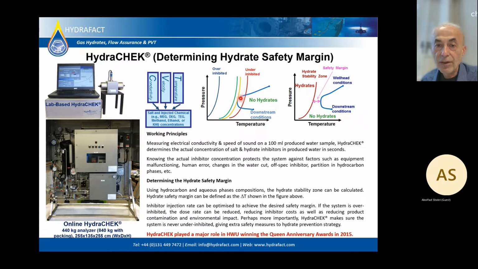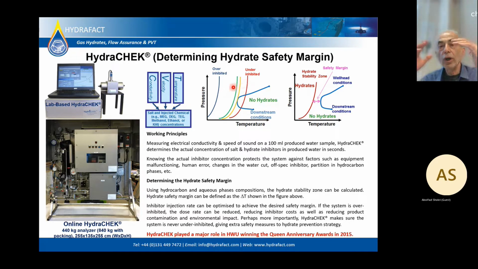So you can see that if you know the composition of the aqueous phase, we can design the safety margin. If you are here, we can reduce the amount of inhibitor. If you are here, you can increase the amount of inhibitor.